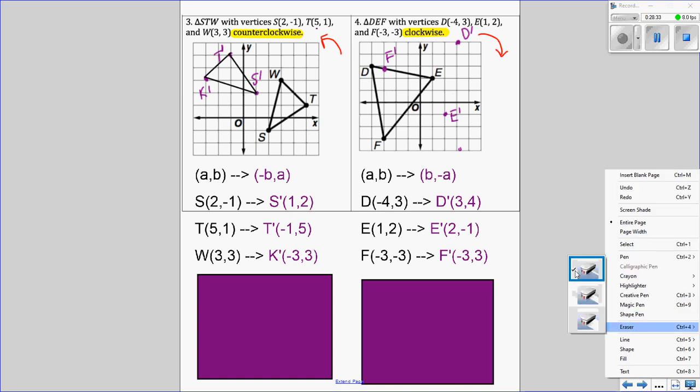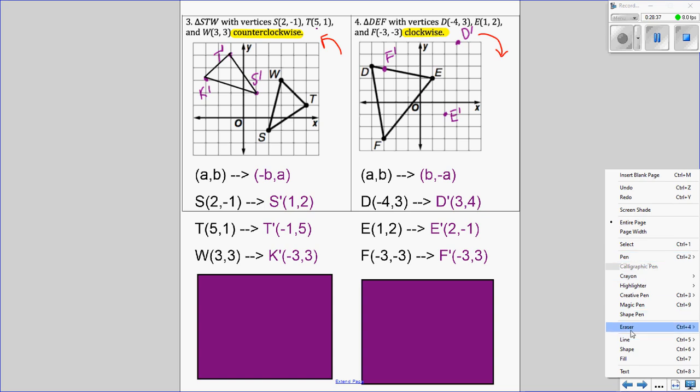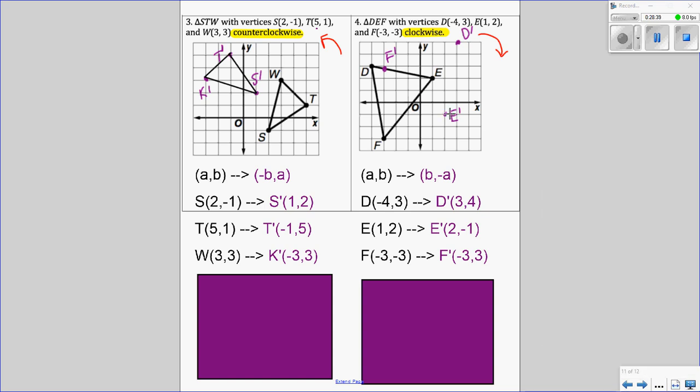And I'm going to erase that dot, it bothers me. And I'm going to put my line. And there you go. Got your new image.